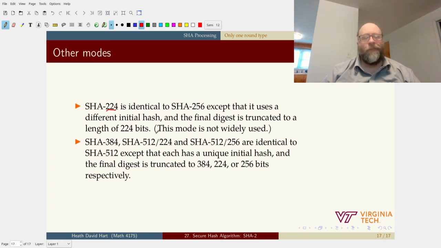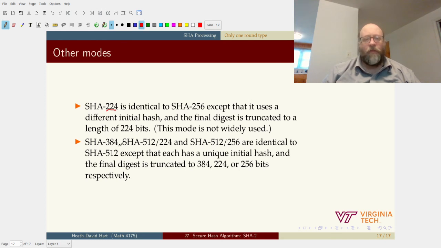It was originally around to work with some legacy hardware that had some constraints that kept it from being able to use all 256 bits for a hash. It had to have some hardware check bits as well. So this is a sort of antiquated mode, but it has not been broken. It is still valid, but it's not widely used today.